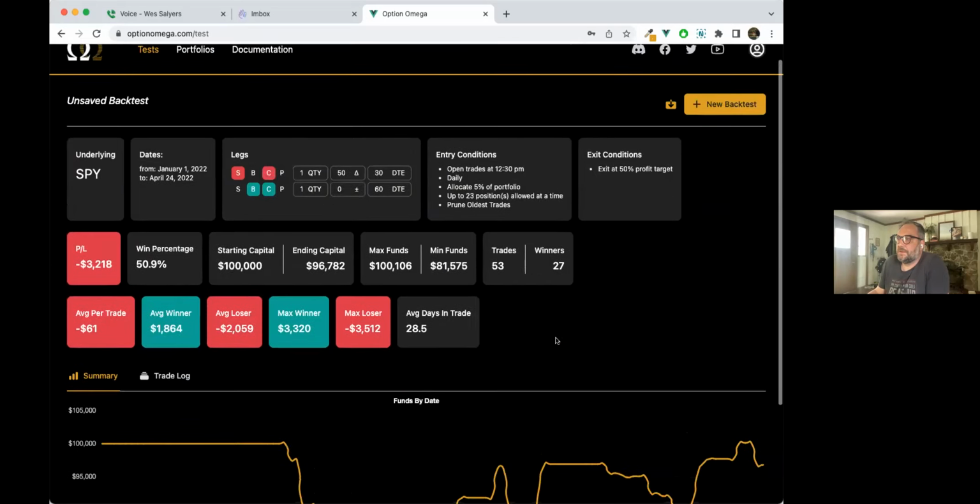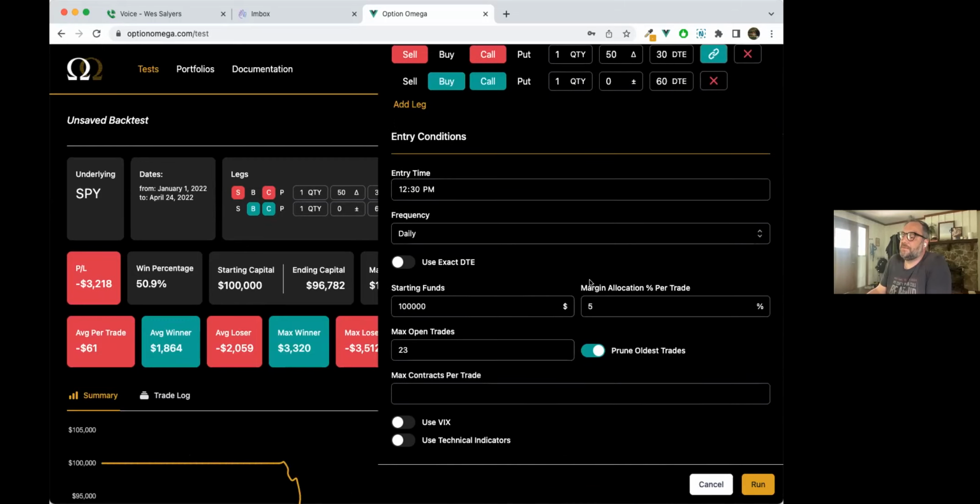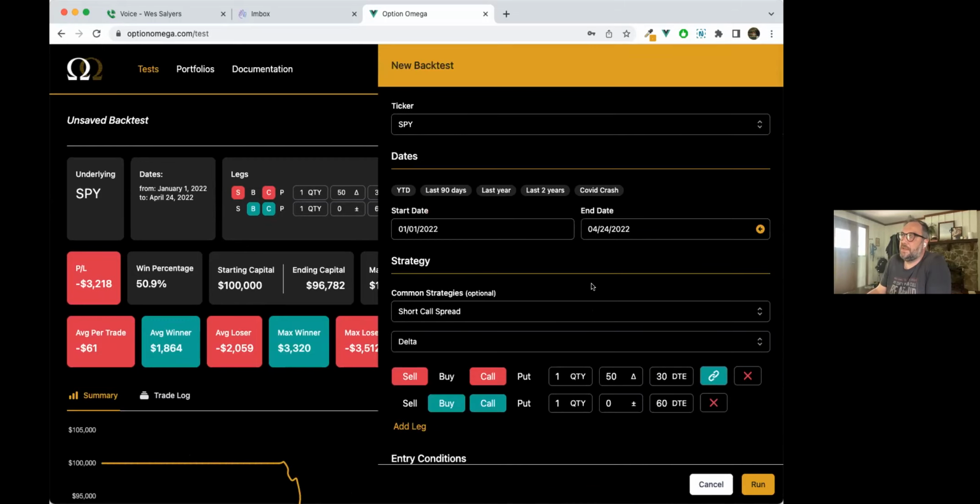That didn't work either. That's the fun thing about it, you can just keep iterating pretty fast through it. Unless you're putting a trade on every day for like 8 years, it moves pretty fast. If you're putting a trade on every day for 8 years, it's going to take a minute. But again, we have found that it's still pretty fast compared to anything else out there.